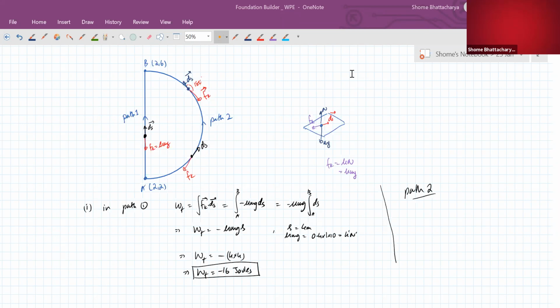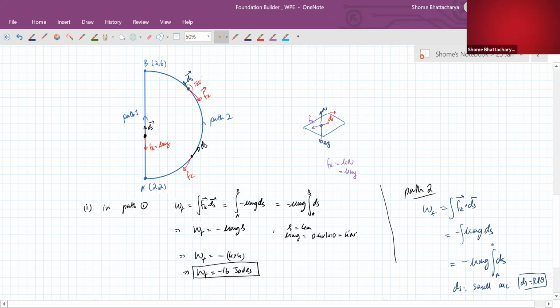Yes, that's correct. Okay. So for path 2, when we calculate the work done, again we see it is minus mu mg ds. Now in this, ds is the small arc. Ds is like r d theta, like this.